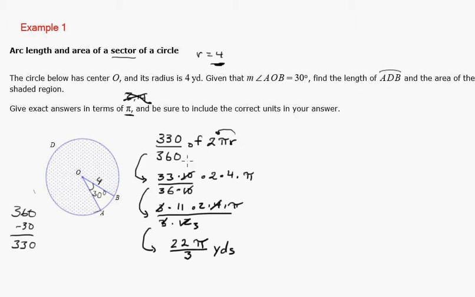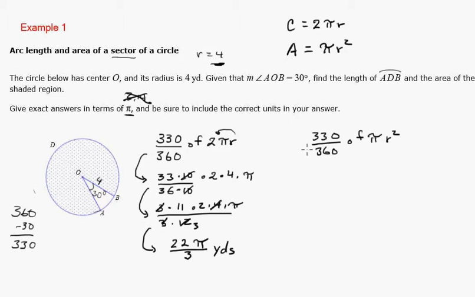Now for the area of the shaded region, we're going to do the same thing. It's going to be 330 out of 360 of, and remember, the circumference of a circle is 2 pi r. This you should know, and write it down if you don't. And the area is pi r squared. So it's this fraction part of pi r squared.